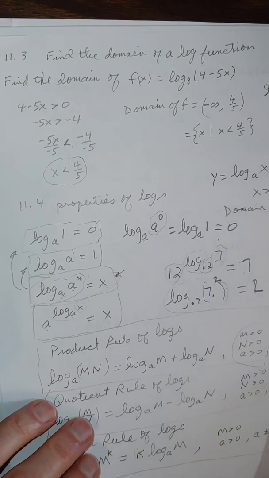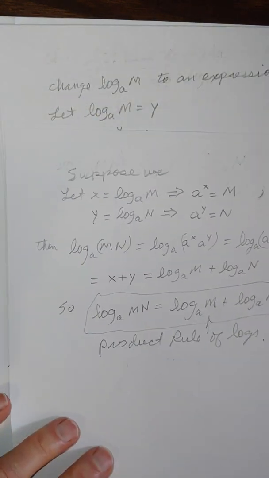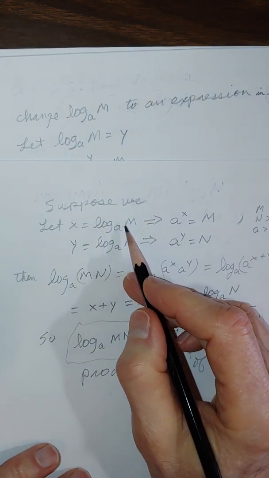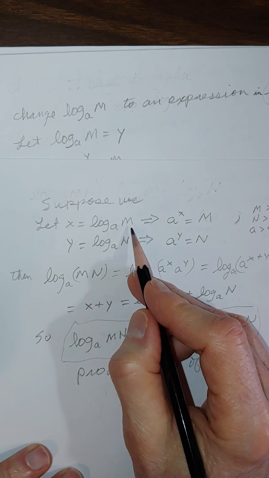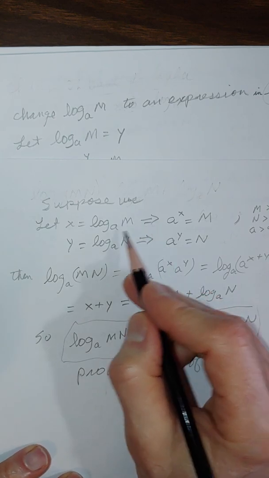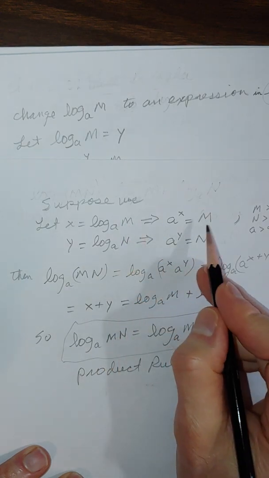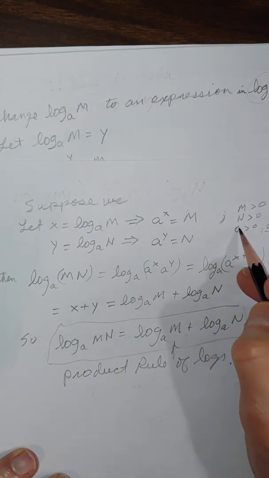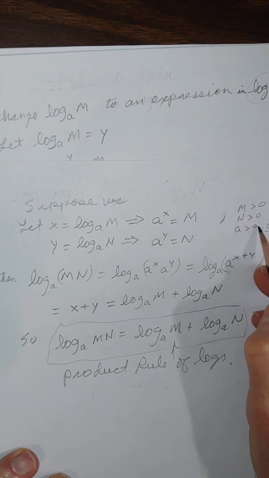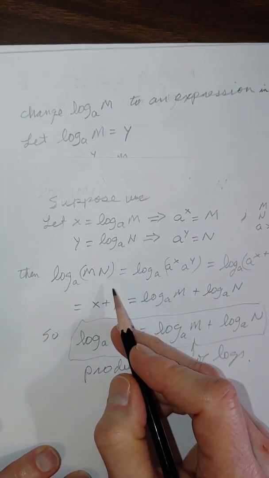Okay. All right, some other properties of logarithms. Suppose we let x equal log base a of m. That's equivalent to writing this in exponential form, a to the x equals m. Now, we went over that over and over again, so you should understand that. That's where m and n and a are all positive, and a can't equal 1. Remember, that's how we restricted it.